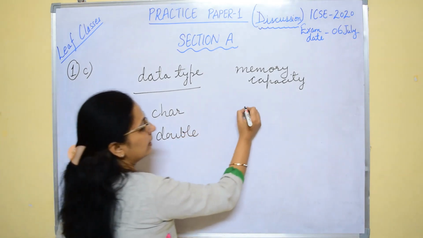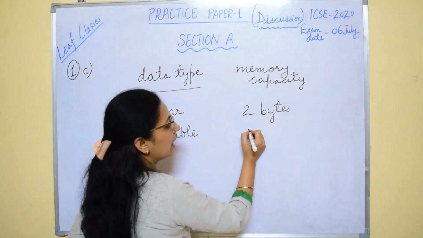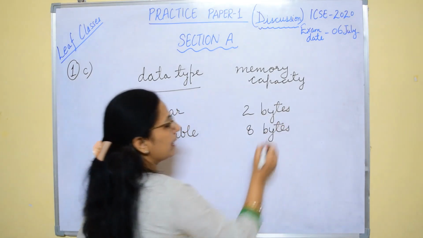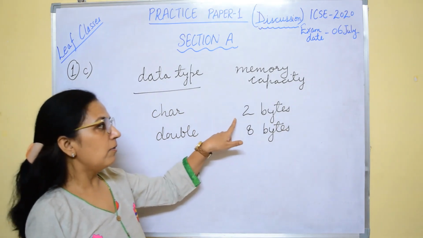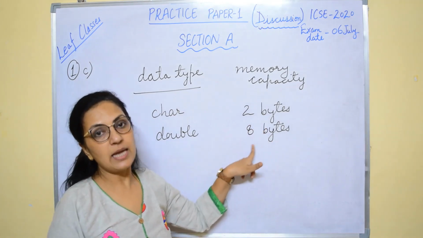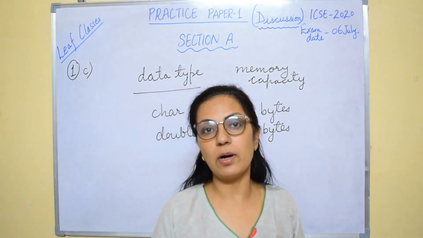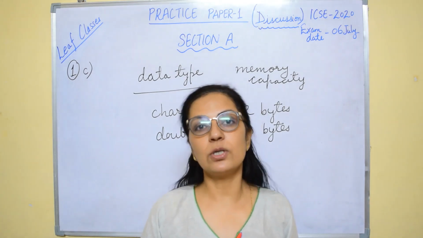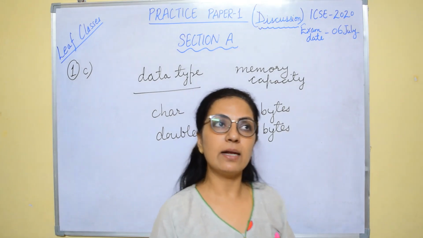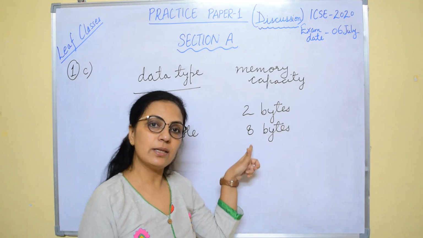Char takes 2 bytes and double takes 8 bytes. When you are writing this, always give the unit, 2 bytes, 8 bytes, whether you are writing in bits or bytes, that is also important. If it is asked in the question to write in bytes or give in bits, then you will follow that. Otherwise, whichever unit you are using, you have to mention that unit.